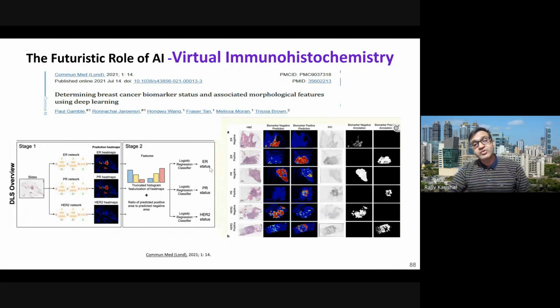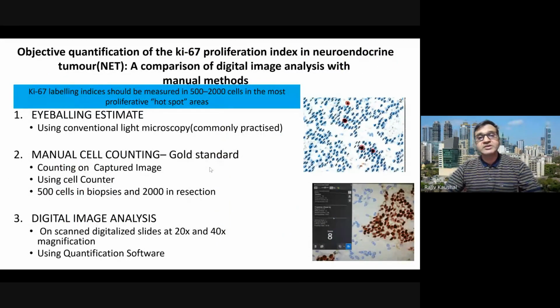So if you have upfront information, like suppose a case of lung biopsy comes to me, and in the beginning itself I get information that the likelihood of EGFR positivity is quite high, I will try that patient for testing first, so that the patient can be started on therapy immediately.